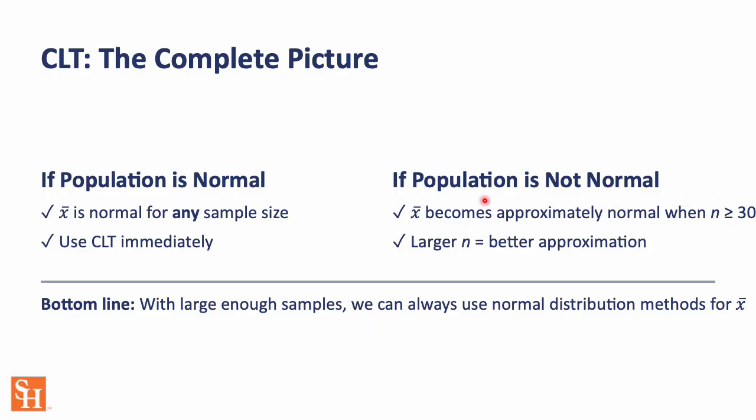If the sample size is large, the approximation gives us a better result. So when the original distribution is normal, we can directly use the central limit theorem with no restriction on the sample size. But when the population is not normal, the sample size has to be at least 30, and the larger the sample size, the better the approximation.